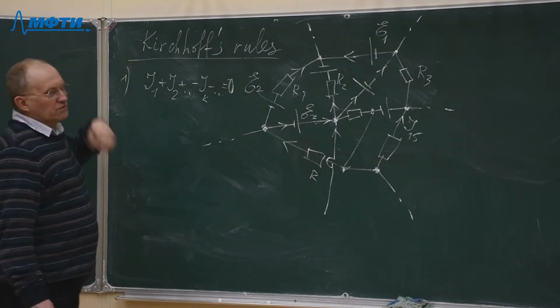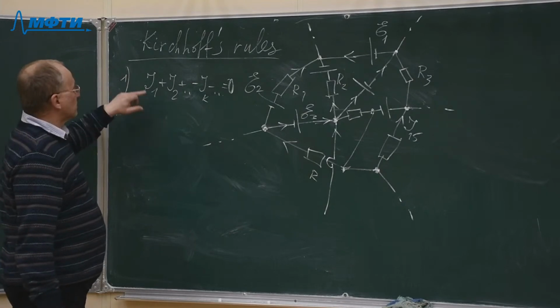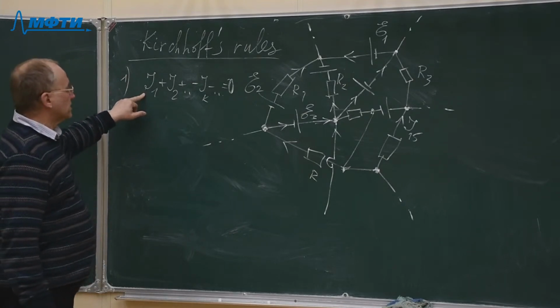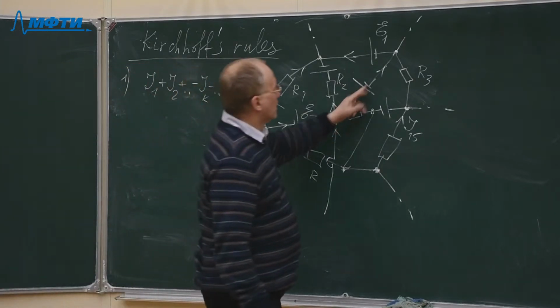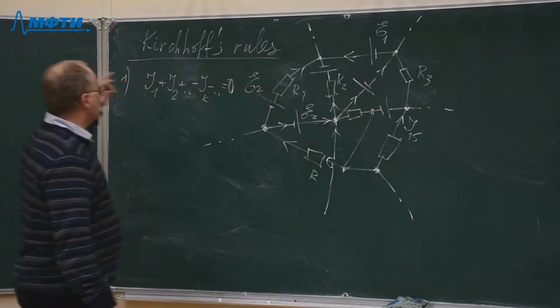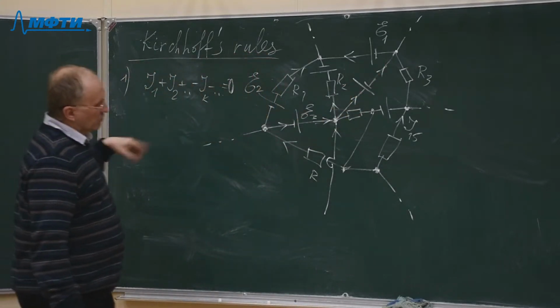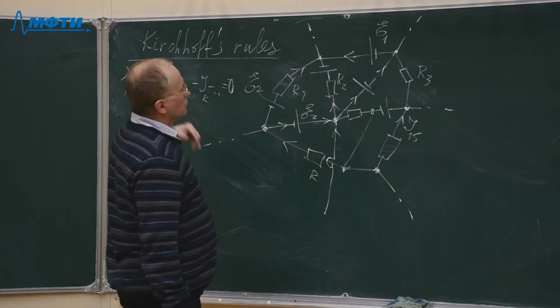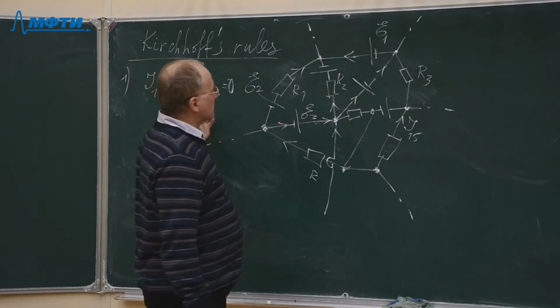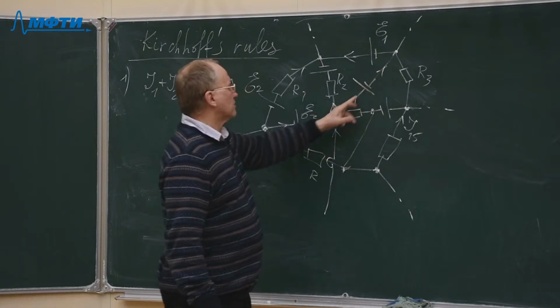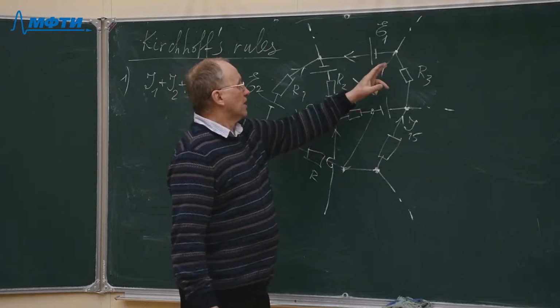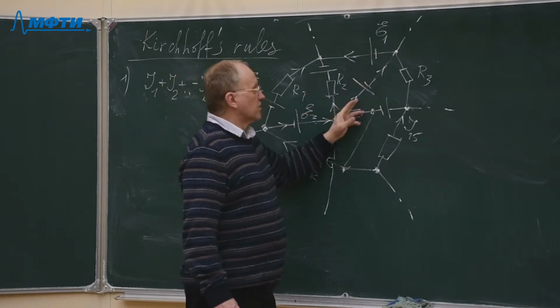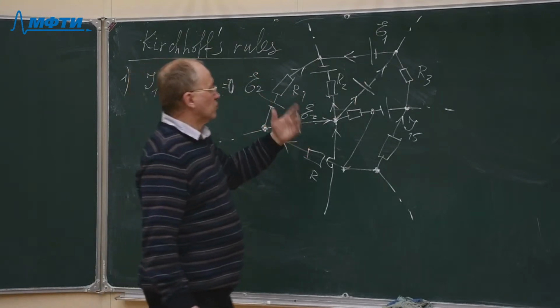Finally, when we solve these equations, if the current obtained as a solution is positive, then we were right in choosing the direction of current. If the current obtained as a solution of the equations is negative, then the actual current flowing through this element of the circuit goes in the opposite direction, which makes no difference, no problem at all.